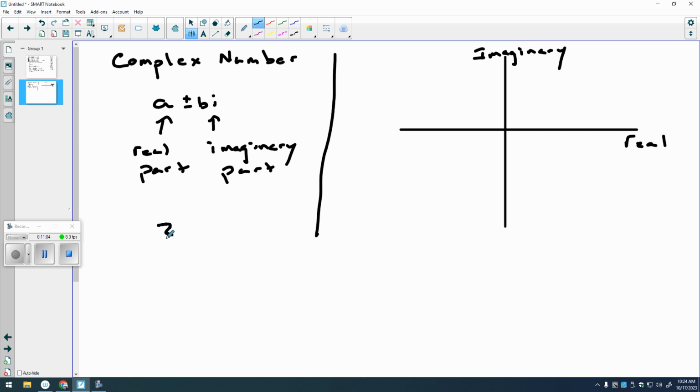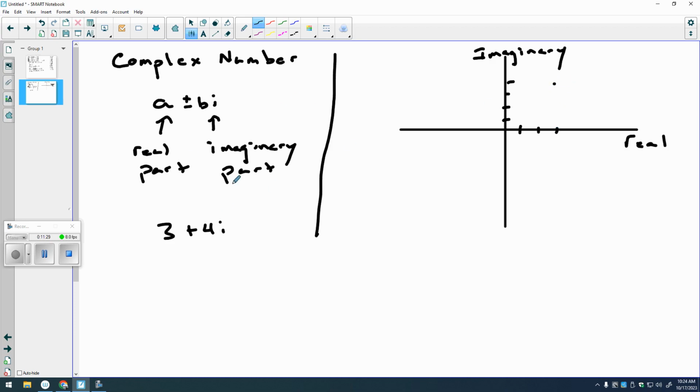If I had the number 3 plus 4i, my real part is a positive 3, my imaginary part is a positive 4. So my real part is 1, 2, 3, the imaginary part is 1, 2, 3, 4. So this is the point right there: 3 on the real axis, 4 on the imaginary axis.